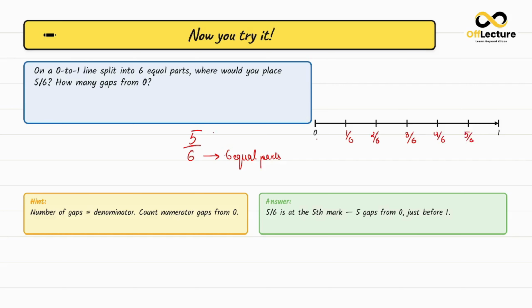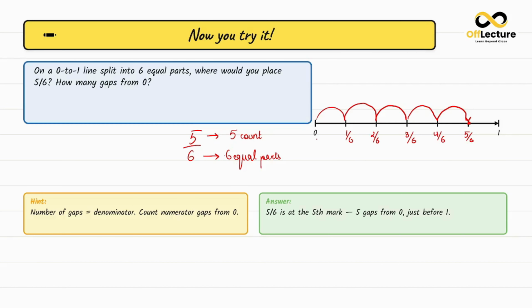Then we will count the gaps as many as the numerator. So we will count 5 steps: first, second, third, fourth, and fifth. As we land on this, this will be our representation of 5 by 6 on the number line. Okay.